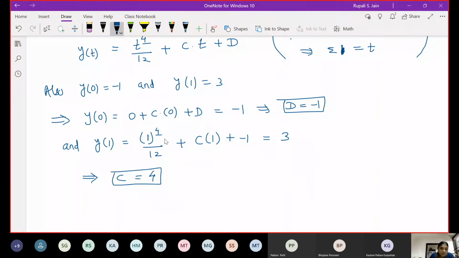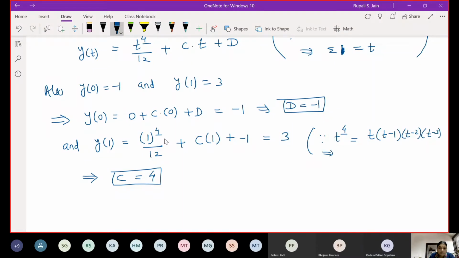Everybody got this? What is 1 to the 4 falling? T to the 4 falling is t, t minus 1, t minus 2, t minus 3.